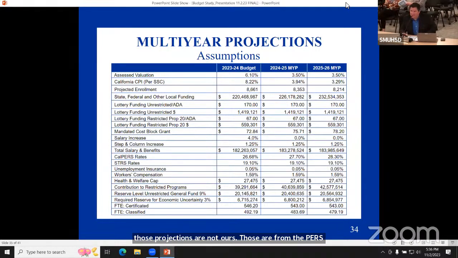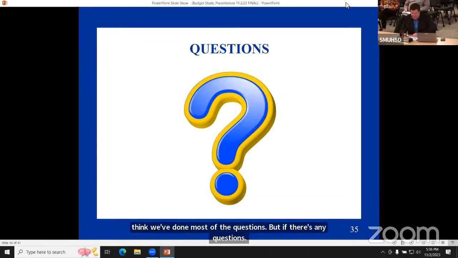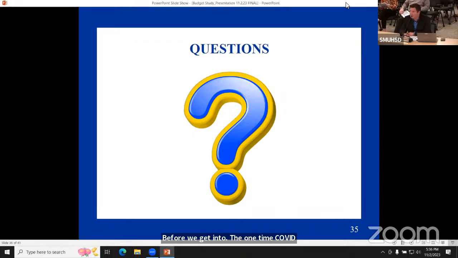And then our FTE, this includes all board approved step downs and board approved positions for 23-24, as well as the out years. I think we've done most of the questions, but if there's any questions before we get into the one-time COVID expenditures.